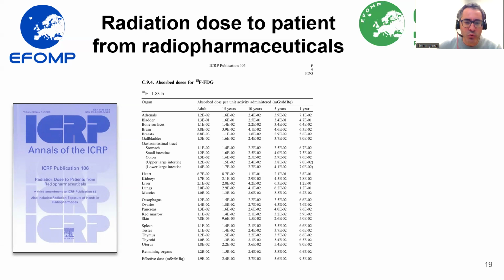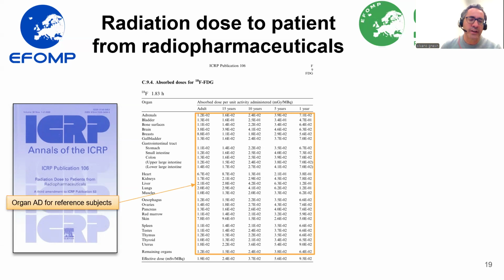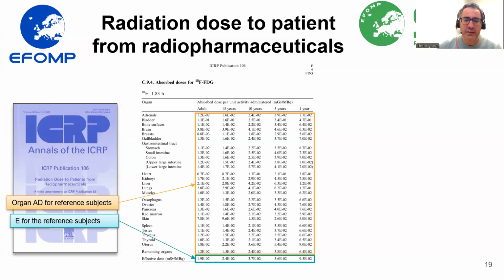You can see that we have two parts, one that concerns the absorbed dose in the reference subject, adults and also pediatrics. So for each organ and each phantom model, you have the absorbed dose in gray for those models. And at the end, by computing the average weighted sum, we obtain the effective dose for the reference subject.